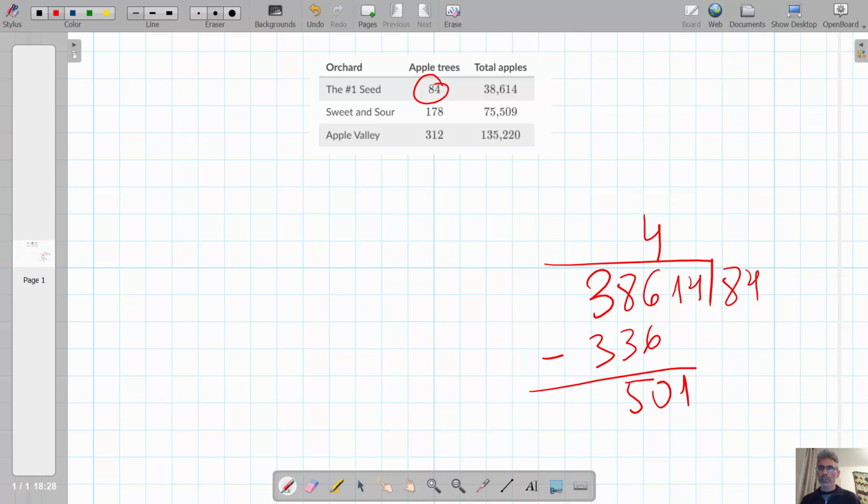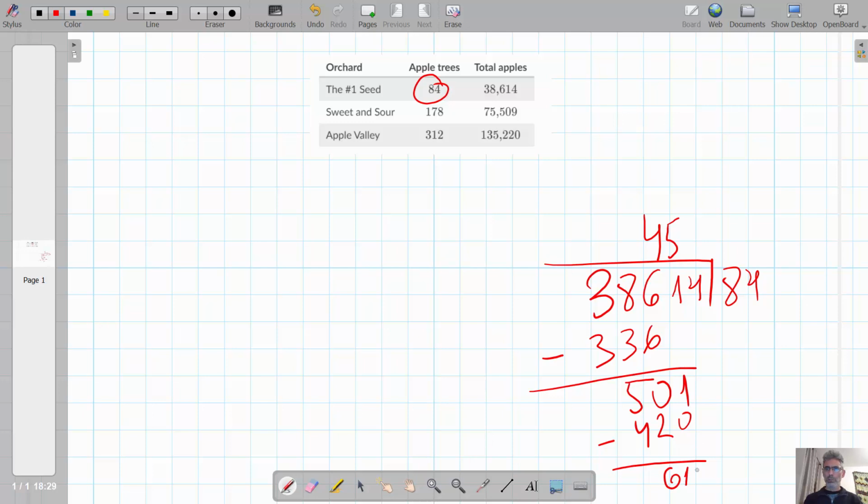Let's see. 6. 6 times 80 is 480. 6 times 4 is 24, and 480 plus 24 is too much, so it's not 7, it's 5. 5 times 84 equals 5 times 80 is 400. 5 times 4 is 20, so it's 420. So we are left with 69.